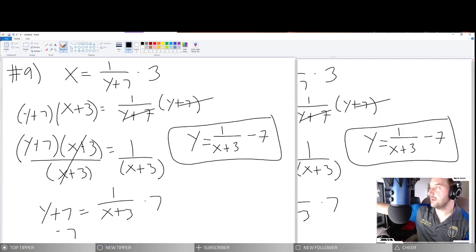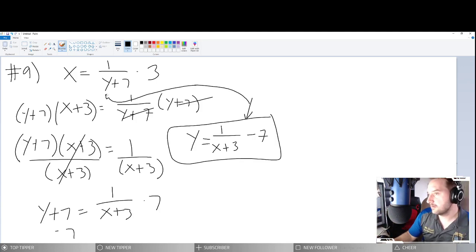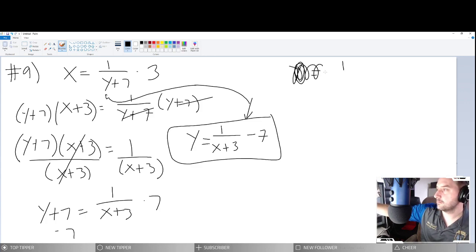Now to verify that, we have to take this value and plug it into our original. So y equals 1, sorry. That's not how we want to write it.